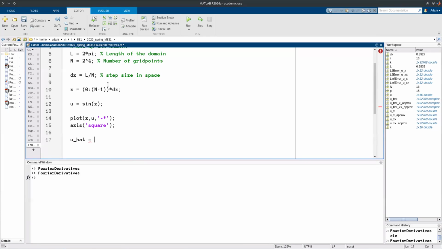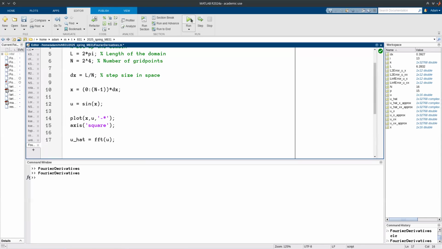So for that, I'll just write FFT of u. FFT stands for Fast Fourier Transform. Technically, the transform that we're taking here is the discrete Fourier transform, or the DFT. But it's computed by an algorithm called the Fast Fourier Transform, which is an incredibly beautiful and important algorithm. But for now, we'll just use it to compute the Fourier transform.